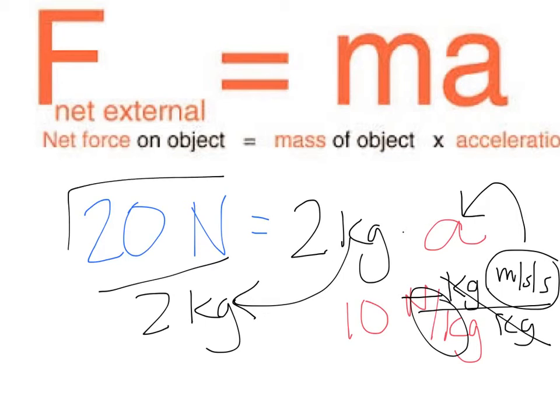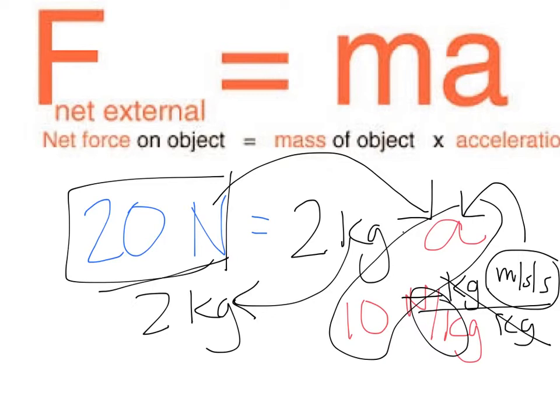So we doubled the force from 10 newtons to 20 newtons. We ended up with an acceleration that's 10 meters per second squared compared to 5 meters per second squared. So we doubled the acceleration. So again, force goes up, acceleration goes up.